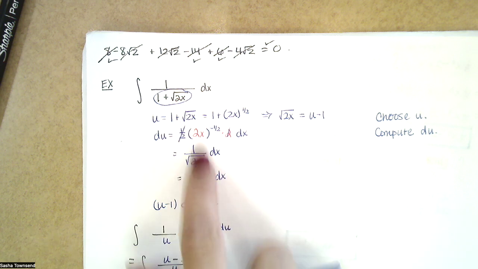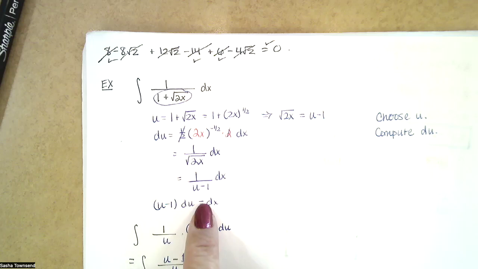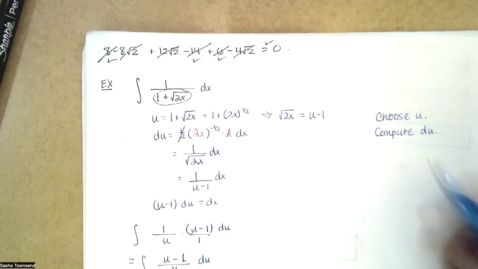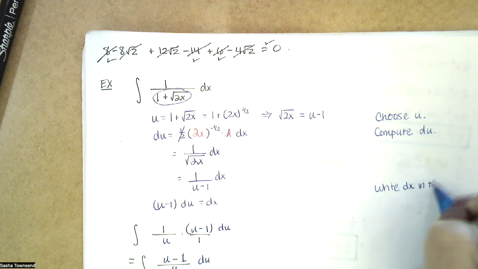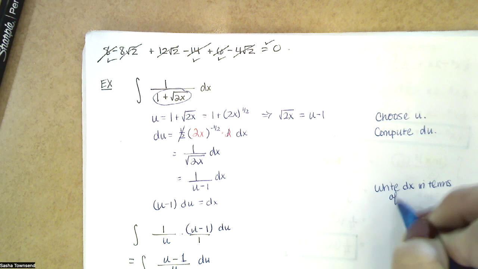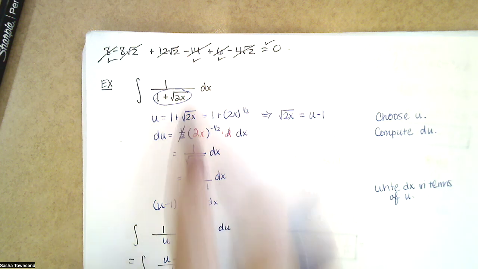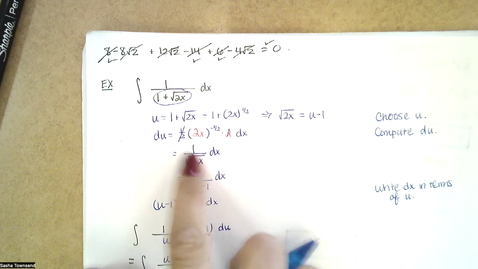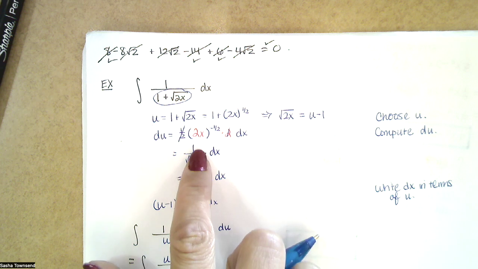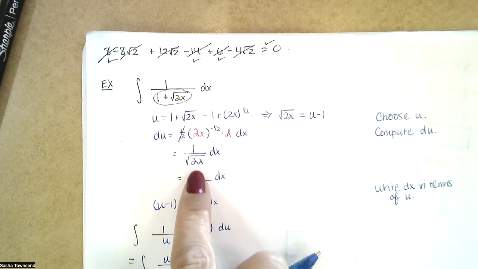We write this expression in terms of u, and then because that's in terms of u, we can write dx in terms of u. So we compute du. In this case, we write dx in terms of u. That's not always necessary, but we're comparing what we have in the integrand to what we have here for our du. And if we don't have that exact extra factor, we might need to modify it in some way, usually by writing it in terms of u.